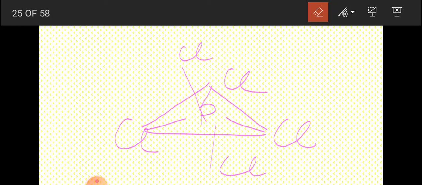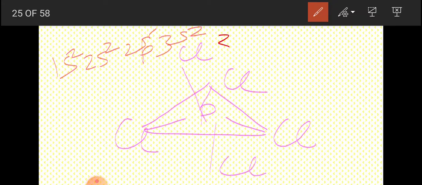Phosphorus is the central atom and it is in group 15. So it has 5 electrons in the outer shell. If I write the electronic configuration of phosphorus, it will be 1s2, 2s2, 2p6, 3s2, 3p3.